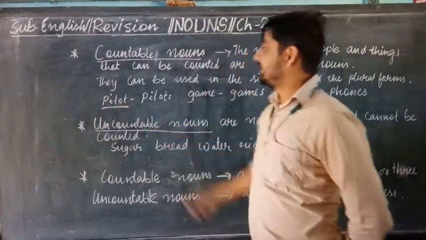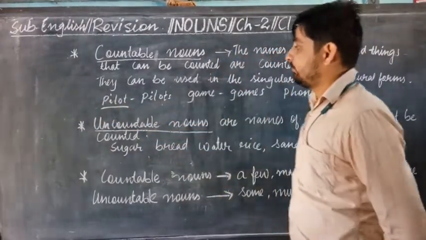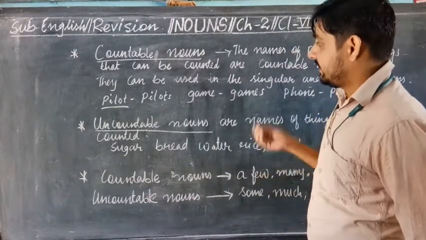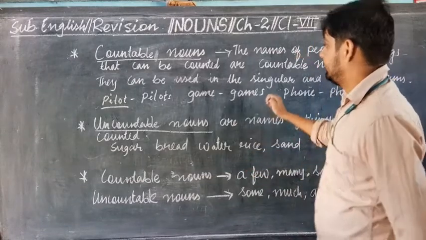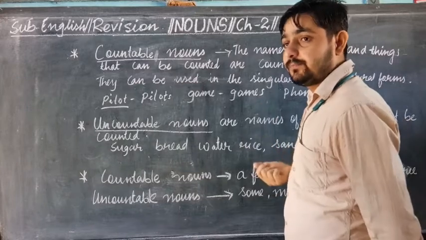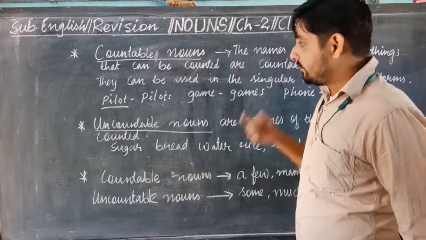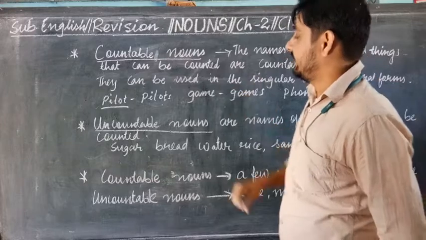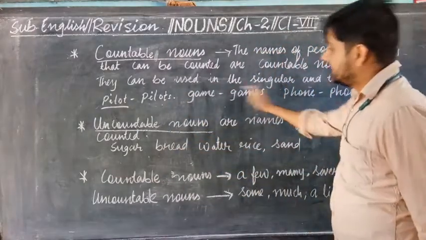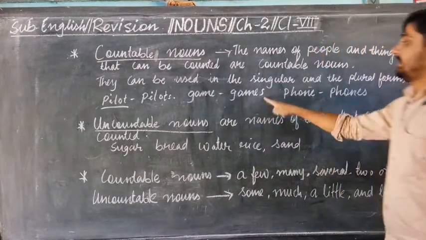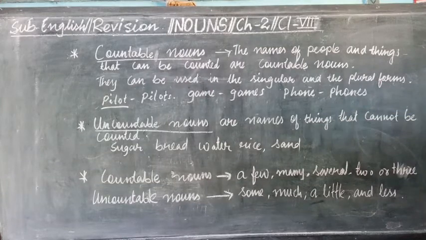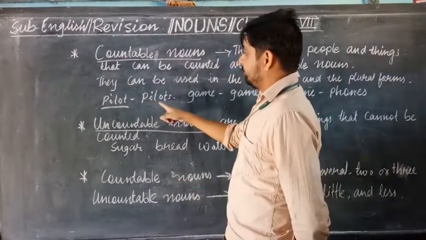See, this is singular, pilot, and this is plural, pilots. Mostly you will find s in plural, but there are certain things where by adding s we cannot make plural. Most of the times, though, we can use s to make singular into plural. Games, here also s. Phones, here also s.